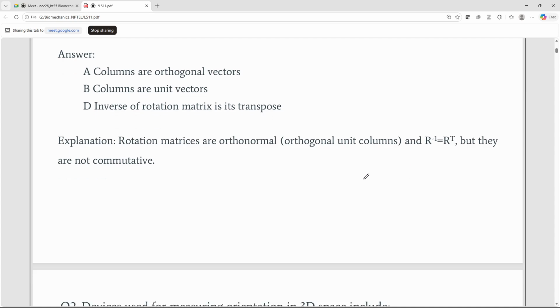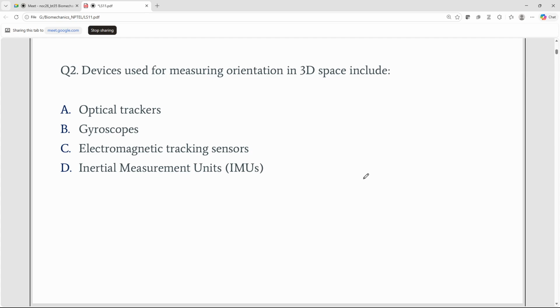Next question. The devices used to measure orientation in 3D space include which among the following? Option A, optical trackers. Option B, gyroscopes. Option C, electromagnetic tracking sensors.